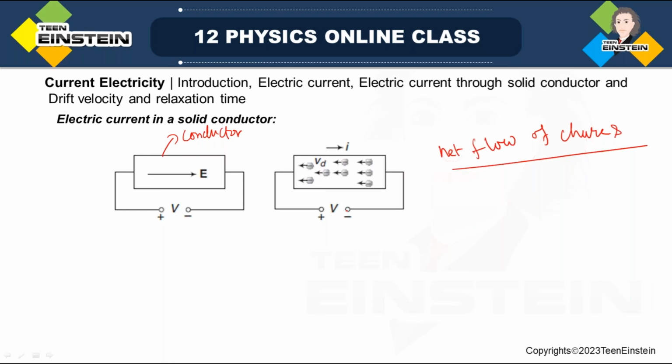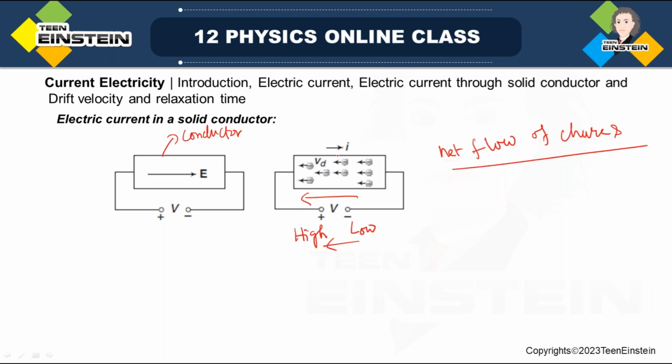You can see one thing here: the electrons are negative charges, so I can take this as an electron. They are moving from lower potential to higher potential. So electrons always move from low potential to high potential, whereas the current is taken as the direction of flow of positive charges. The direction of flow of positive and negative charges is exactly opposite.